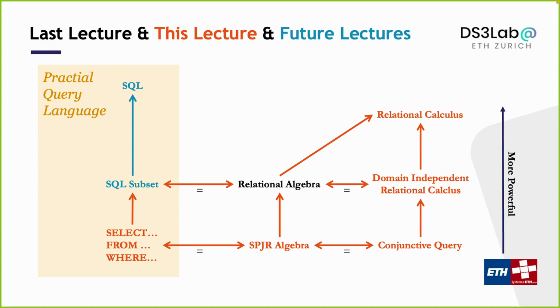For each subset of SQL queries, the practical thing you can write, we also talk about the relationship with those more theoretical query languages. This is what we are going to do this week and next week. We are going to go through different ways that you can query your data in a relational form, and try to understand the relationships.